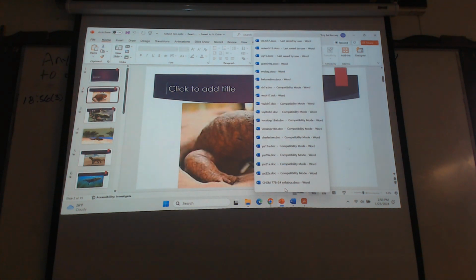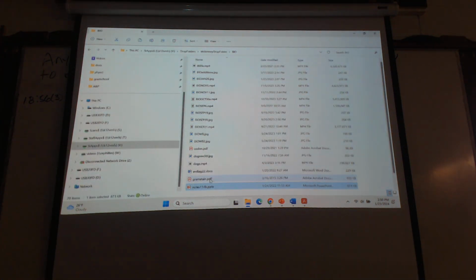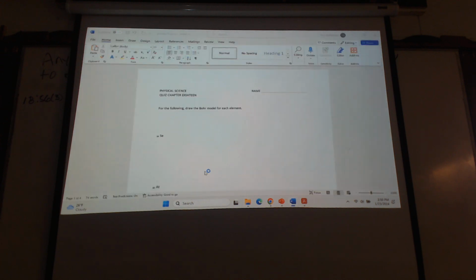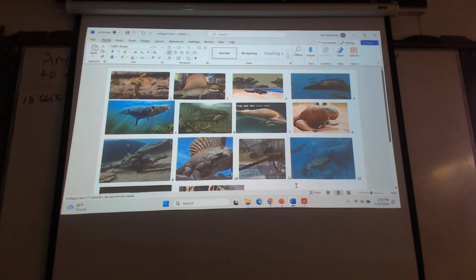Then you also have, let's go to the drop folder. So this is that file. Then it's called EVD, Evolution Diagram 2022, or just 22. So what that means is here you have the smaller pictures because you have to have numbers assigned to these.